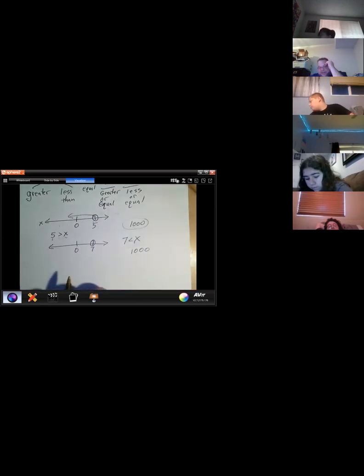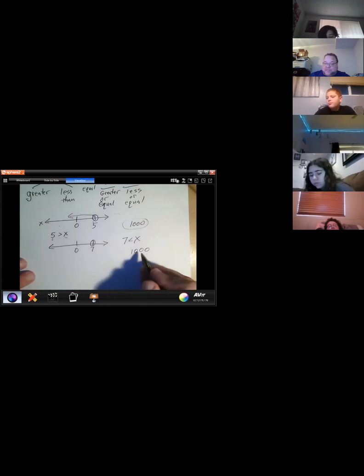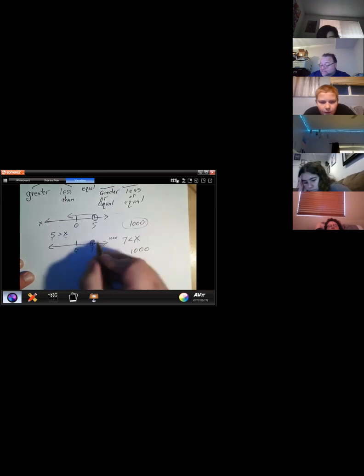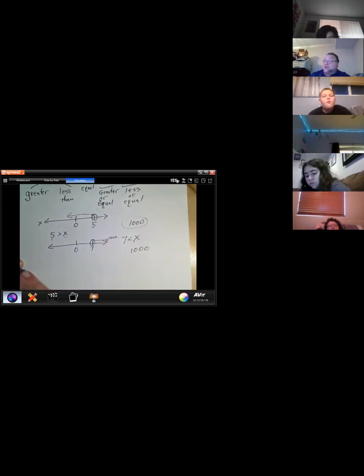Now, I promised to teach you more than one method of this, but I like using the big number because I think it makes it easy to figure out which way the arrow goes, okay? Is 7 less than 1,000? Yeah, right? So if 7 is less than 1,000, that means that 1,000 is part of the answer, right? And if it's part of the answer, then the arrow needs to go towards 1,000.